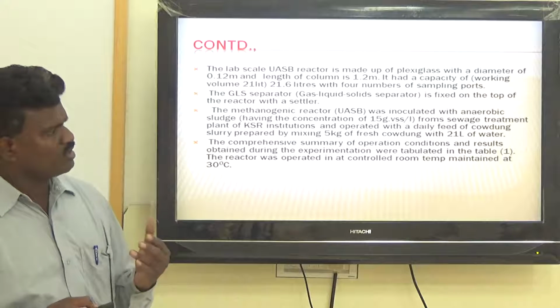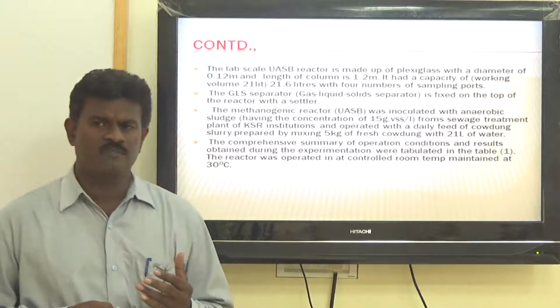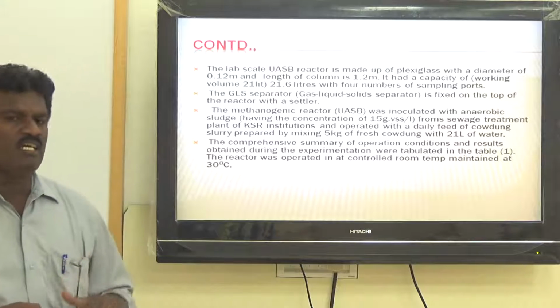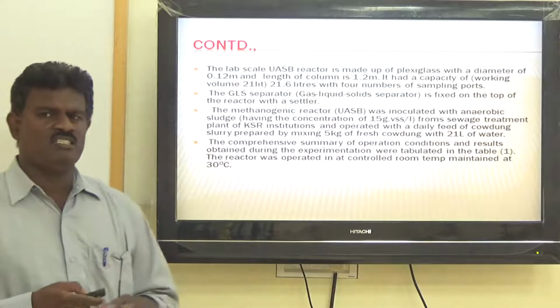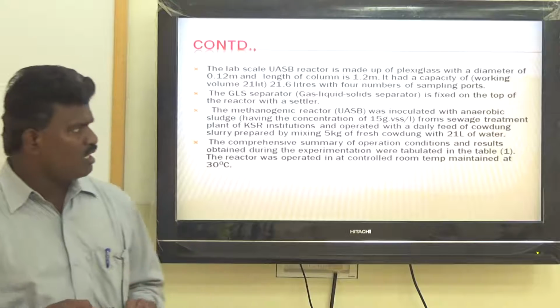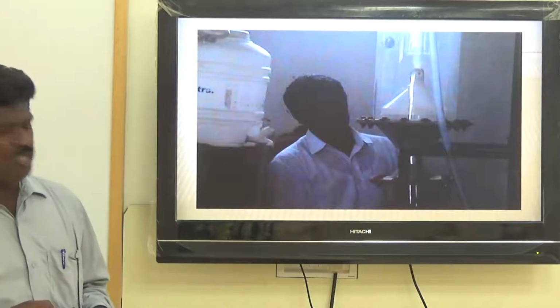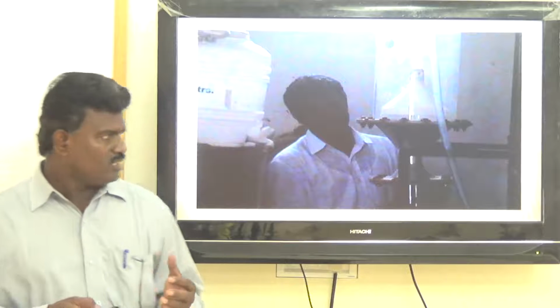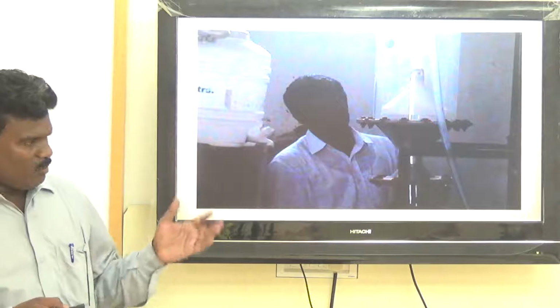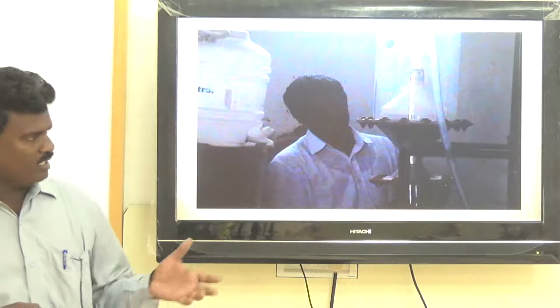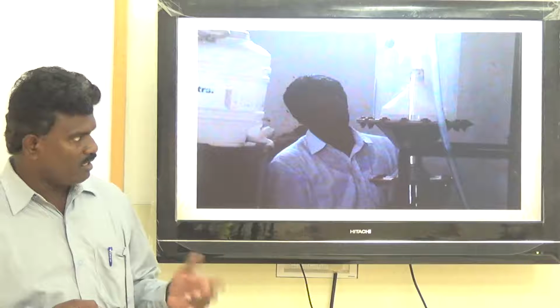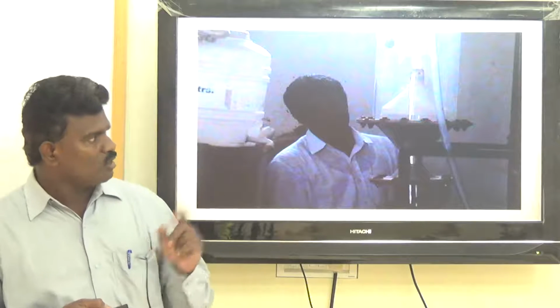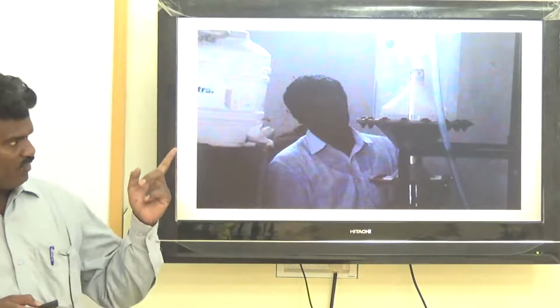First, around 60 to 65 days are taken for the startup period. After that the reactor smoothly produces biogas. So you are seeing the picture, the lab scale reactor. In this lab scale reactor, the bottom portion is the anaerobic digestion tank, and at the top portion there is a venturi type of funnel.